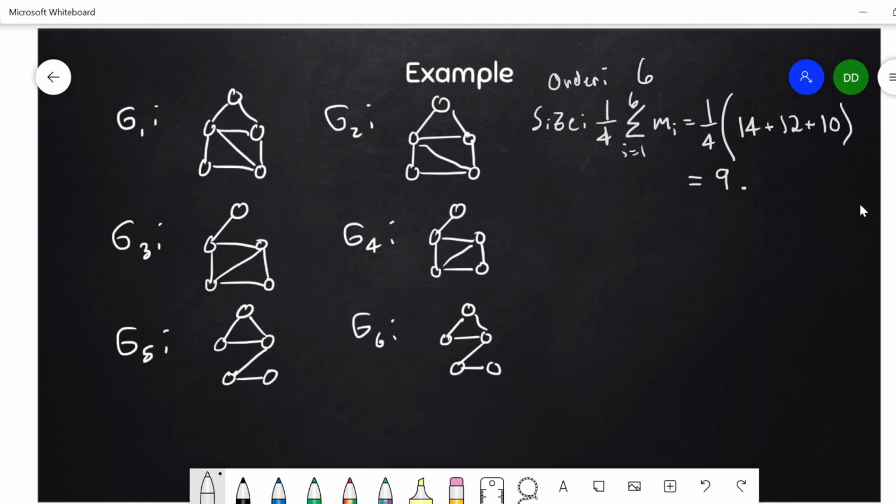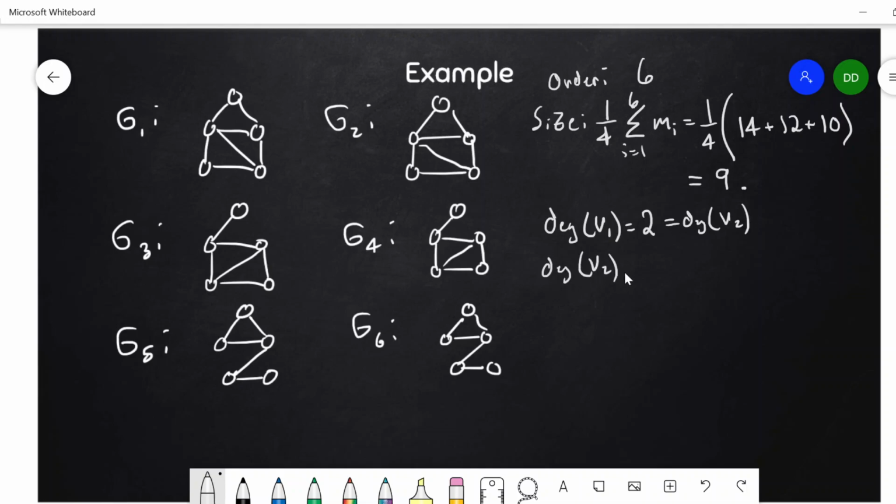Now that we have the size of the graph, we can determine the degrees of each vertex. Degree of V1: well, G1 has 7 edges in it, so there are 2 remaining edges, so the degree of V1 is 2, and that's the same as the degree of V2, since those are isomorphic graphs.